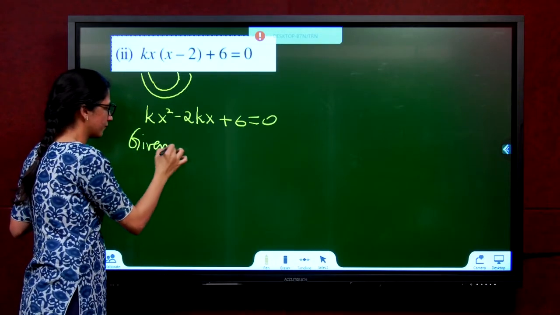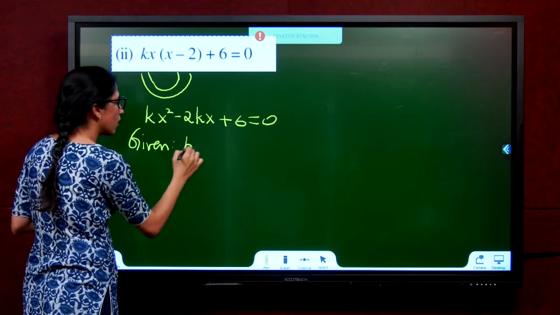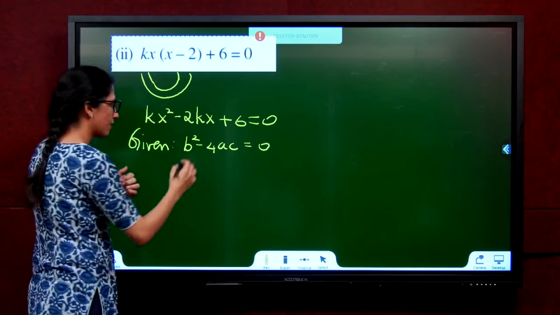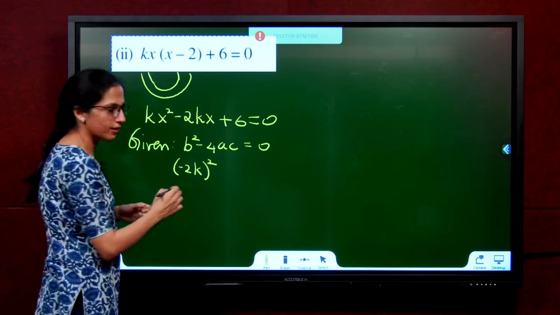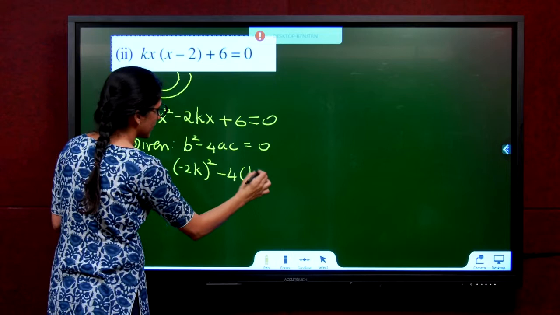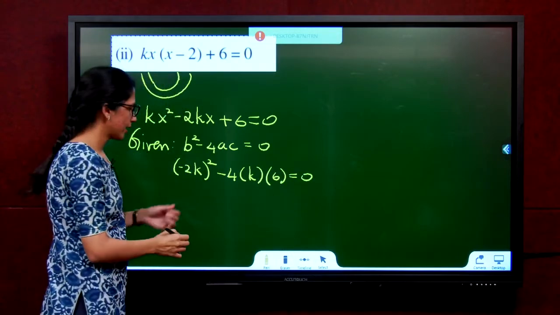What are they given? That the roots are equal. So, b square minus 4ac is 0. B square is minus 2k the whole square, minus 4 into a, which is k, into c, which is 6, equals 0.